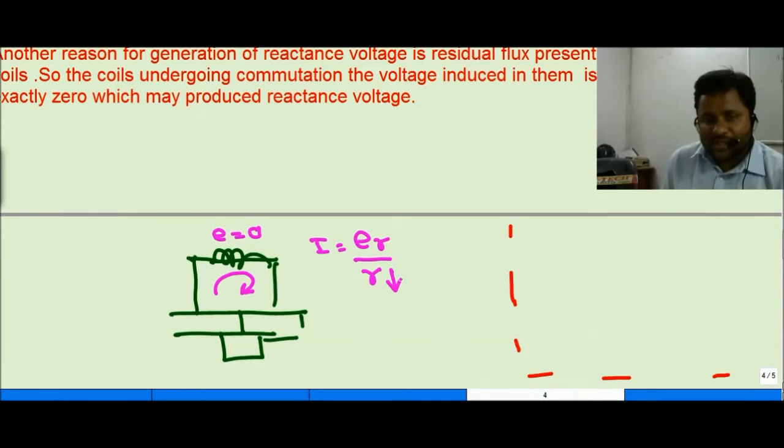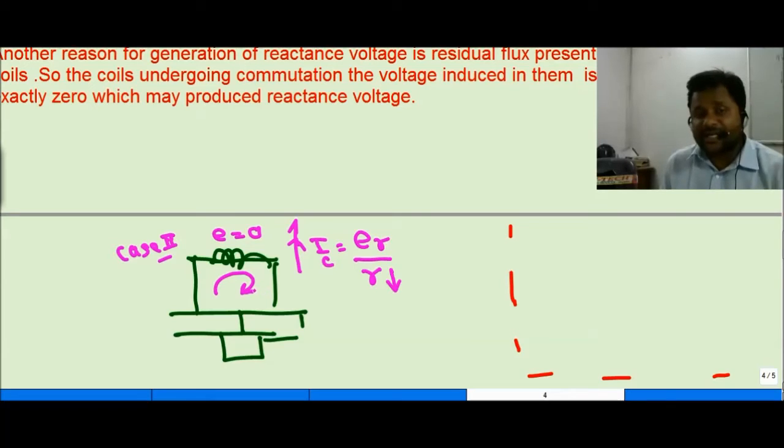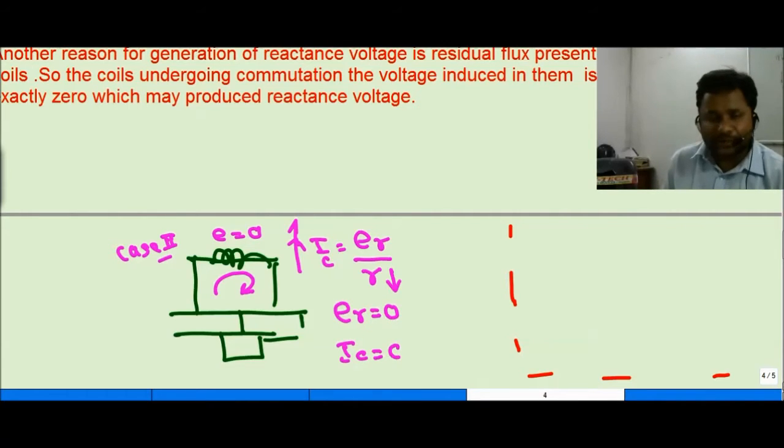Resistance is a very small value, so a huge circulating current flows in the coil during case 2. As a result, the winding behaves as a short circuit path. It generates a huge current because of this reactance voltage. If somehow I eliminate this reactance voltage, then this circulating current will be 0.